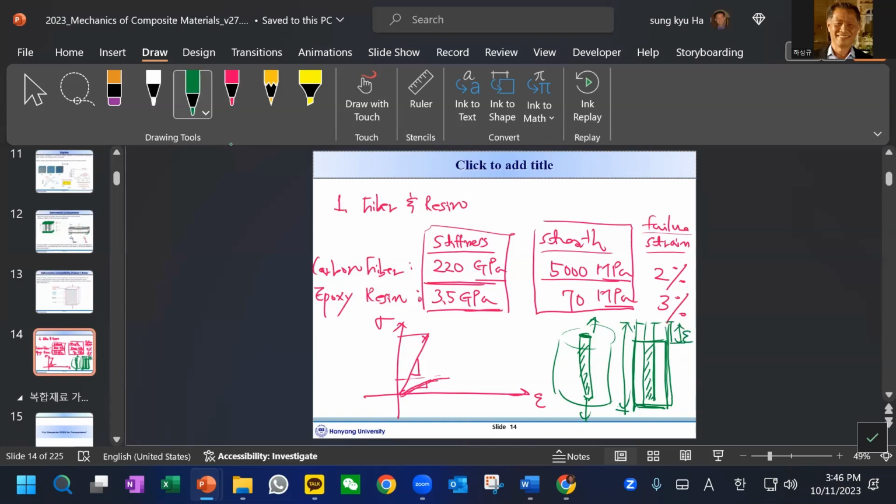What does it mean? On the horizontal axis, strain, no matter how they deform, the strain will always be the same, either this much, or this much, or this much.